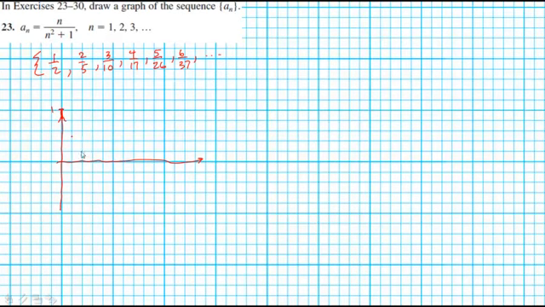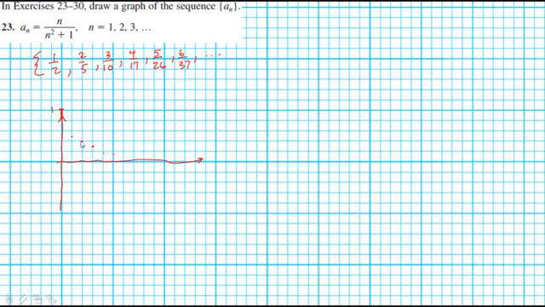Each one of these is a fifth, so 2/5 would be here. 3/10 would be about there. 4/17 is a little bit less than a quarter. 5/26, so on and so forth.